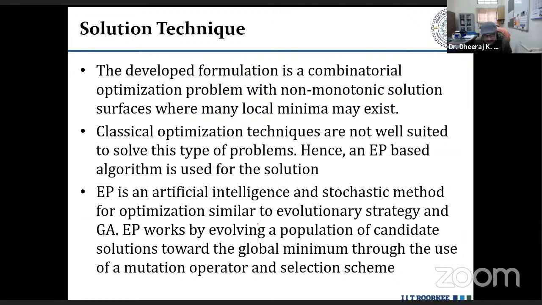So classical optimization techniques are not well suited to solve this problem. That is why we are using an EP based, that is evolutionary programming based, technique. It is a part of AI techniques and a stochastic method, similar to other evolutionary strategies or GA, but the computation mechanism is different from GA. Here we have a mutation operator and selection scheme.